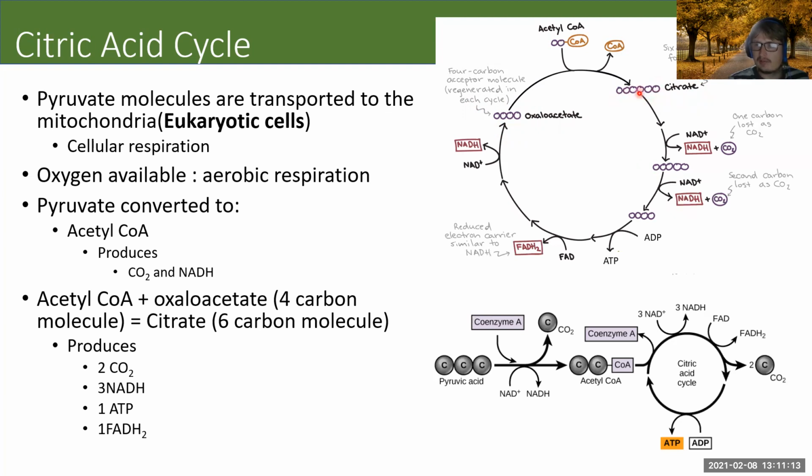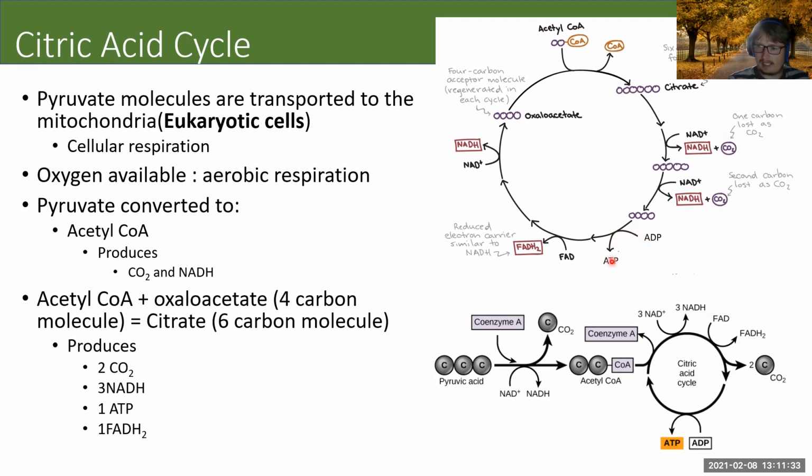Then this citrate will undergo a couple steps where it will be converted into a 4 carbon molecule, and it will generate some NADH molecules. This is where your 2 carbons are lost from that 4 carbon.